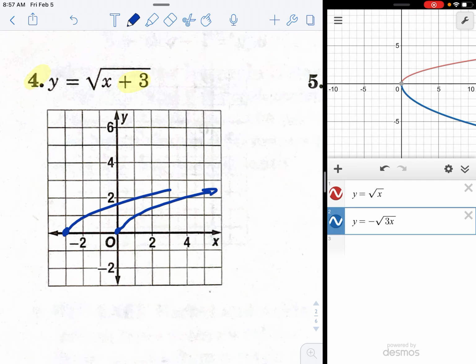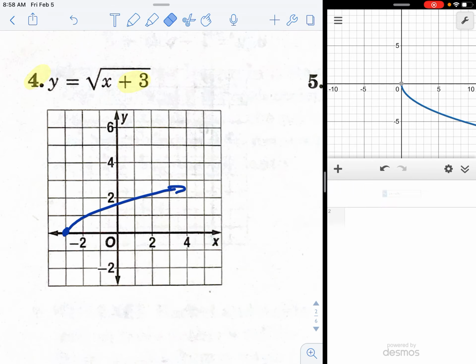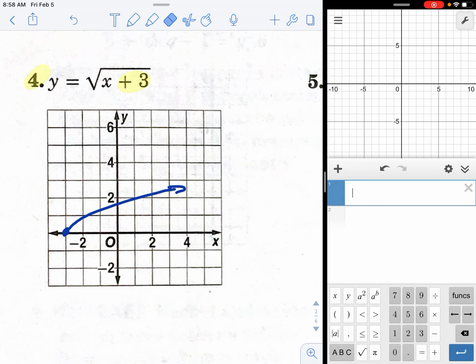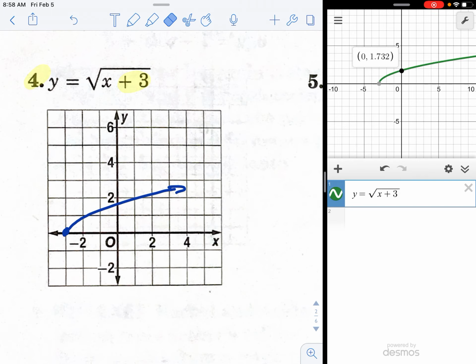So my graph should look kind of like that. I'll erase the parent function. So using transformations, that's what I get. Let's use Desmos. y equals the square root of x plus 3. And there you go. I think that graph is as good as I could possibly have done.